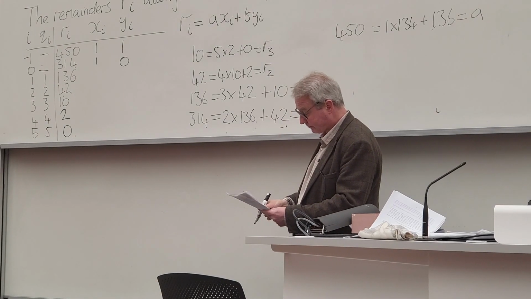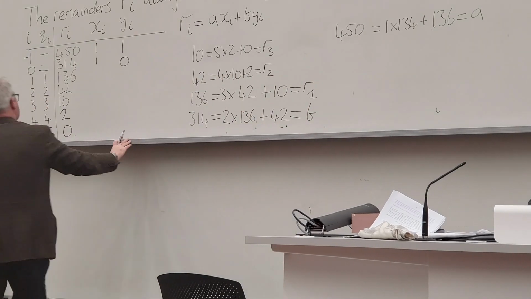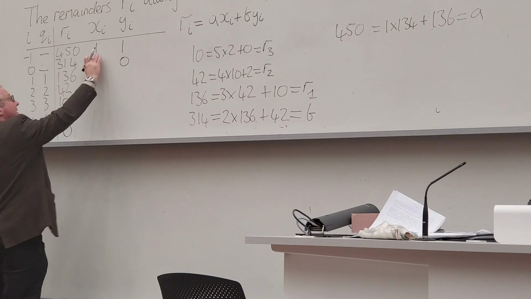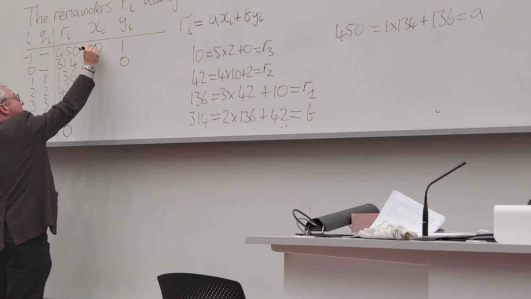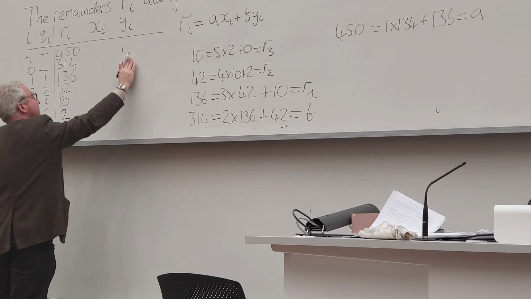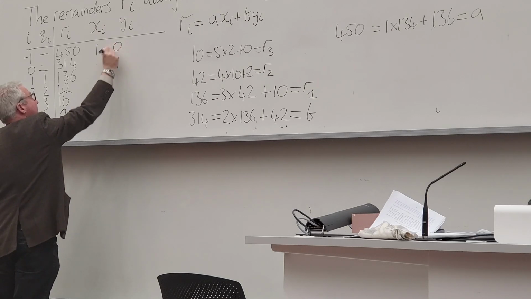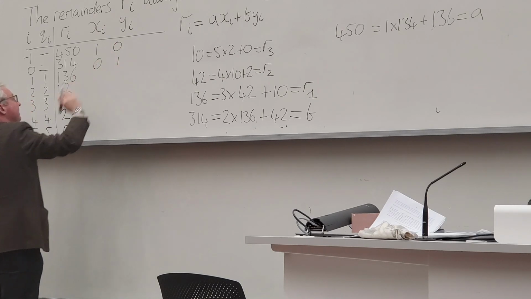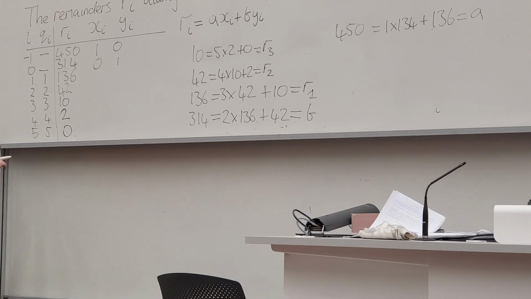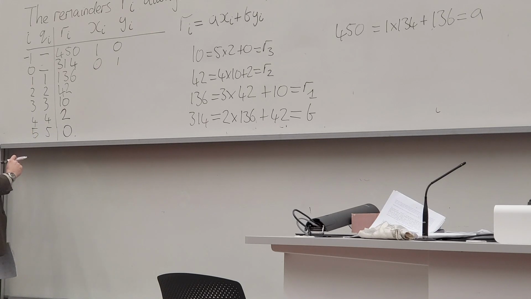Okay, so this is R3. So we're dealing strictly with the relationship with the remainders. So 4 times 10 plus 2 is 42. So that's R2. So we can just repeat this. 3 42s plus 10, well, it's 126 plus 10, 136.